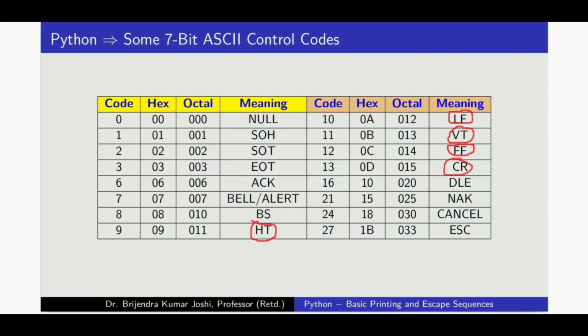Just note down, I will give you an example by making use of carriage return and line feed. So 0D is carriage return, line feed is 0A hexadecimal. Their octal equivalents are 015 and 012 respectively.